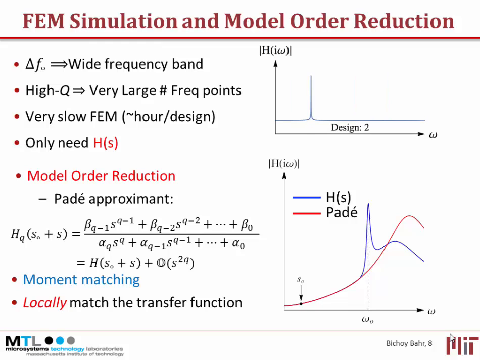And the blue curve represents my real transfer function, and the red curve represents the approximation. So you might think, this doesn't seem useful at all. It doesn't even capture the peak, which is why I'm doing all this work. But the good news is this approximation is very cheap to compute. It doesn't cost as much. And also, if you look closely, you will find it matches the transfer function in this flat region.